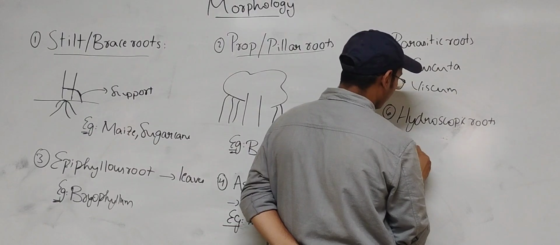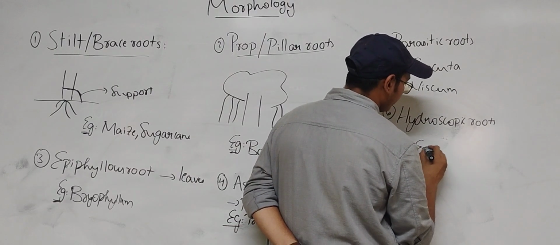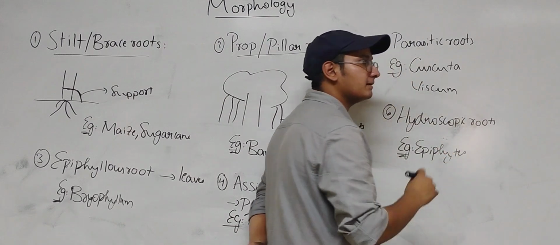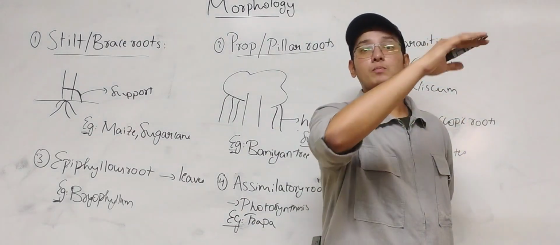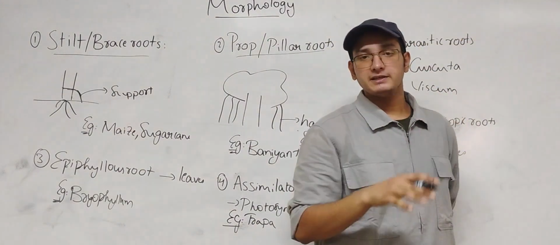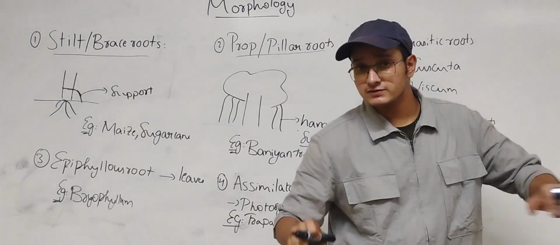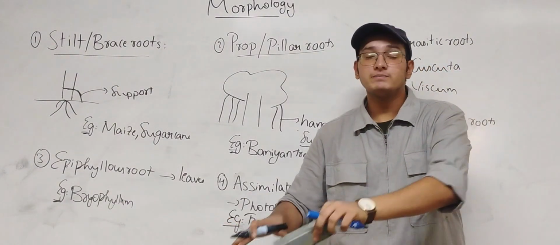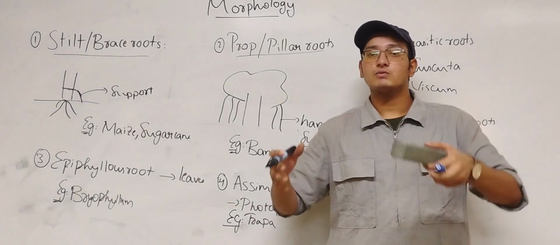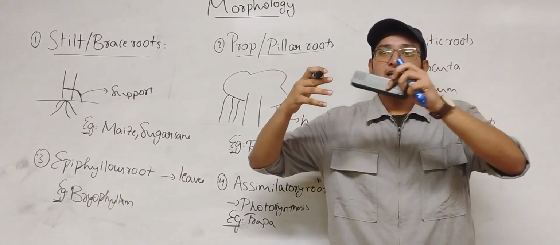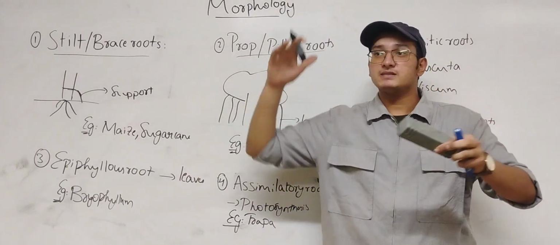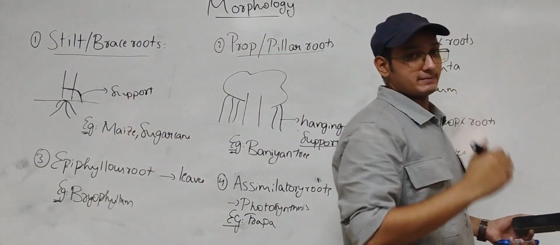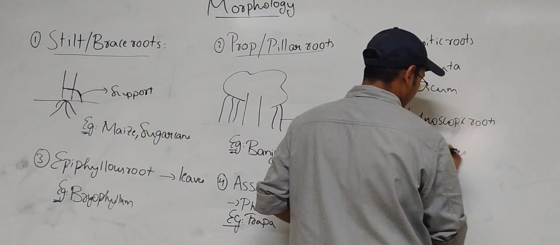These are found in epiphytes. Epiphytes means the plants which are present on the top of a tree. In shady regions, in a dense forest, plants at the bottom don't usually get sunlight, so some develop into epiphytes, the plants which grow on top.